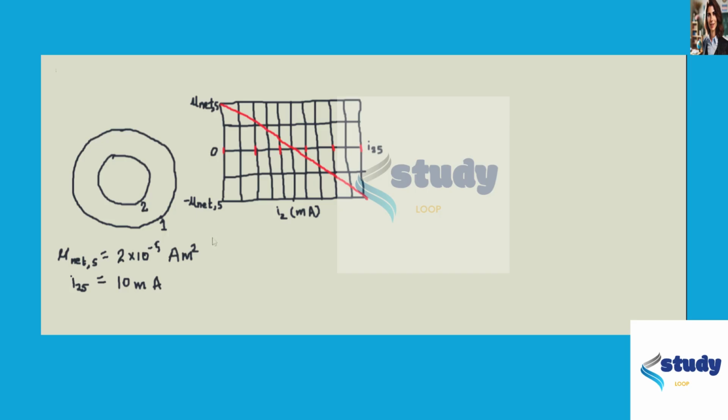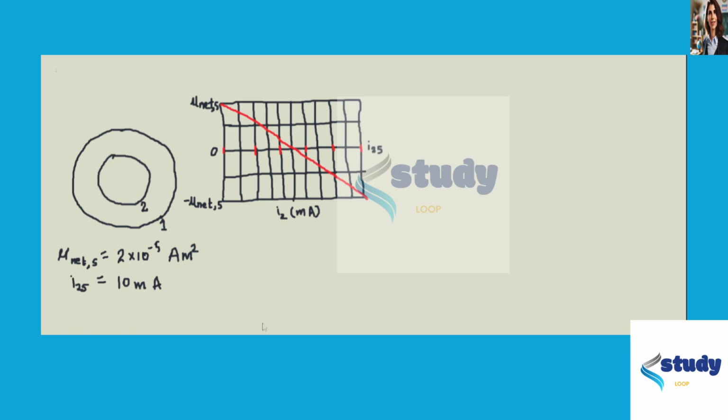So here are two coils. They are carrying current in opposite directions, right? So there will be a magnetic dipole moment on both sides of these coils because they are carrying current in opposite directions.